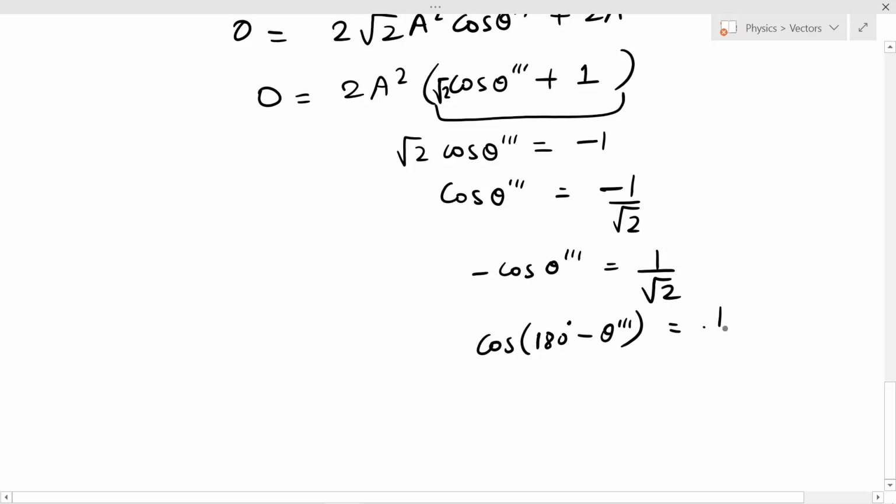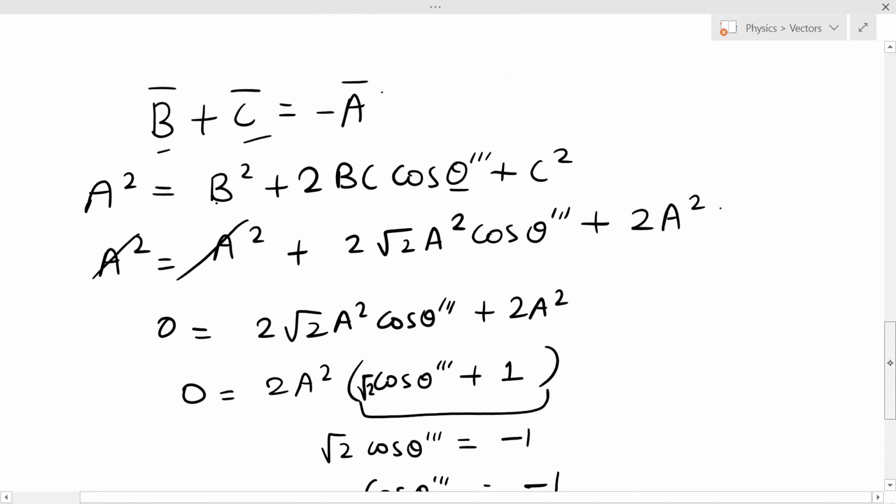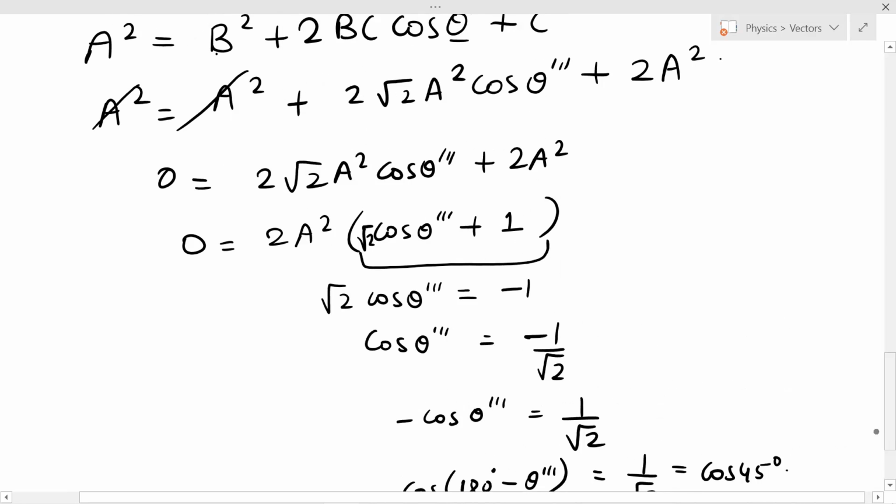So this becomes 1 over root 2, which is nothing but cos of 45 degrees. So compare the angles again. So 180 degrees minus theta triple dash is equal to 45 degrees, and then theta triple dash becomes 180 degrees minus 45 degrees, which is 135 degrees. So this is the angle between the vectors b bar and c bar. So we have found out the angles.